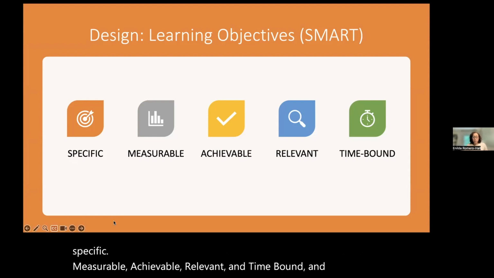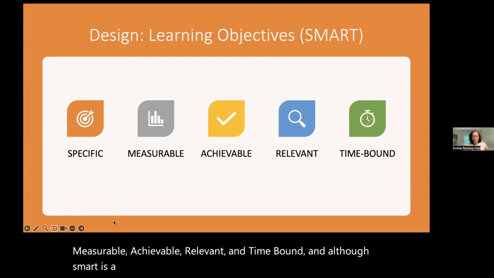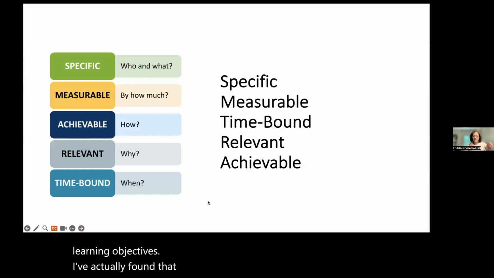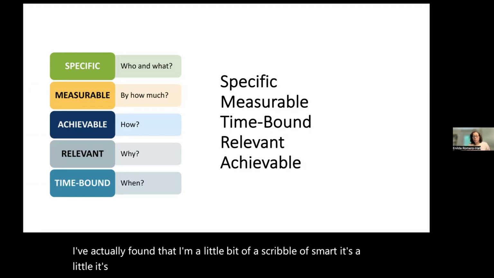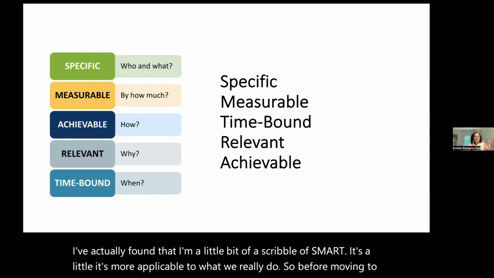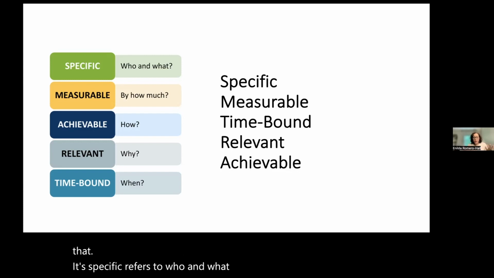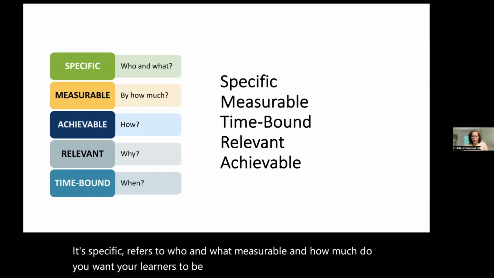And although SMART is a great acronym for writing your learning objectives, I've actually found that a little bit of a scramble of SMART is more applicable to what we really do. So before moving to that, specific refers to who and what. Measurable, how much do you want your learners to be able to accomplish this specific objective?